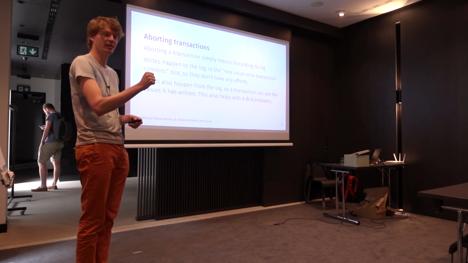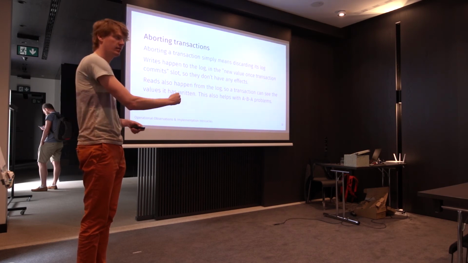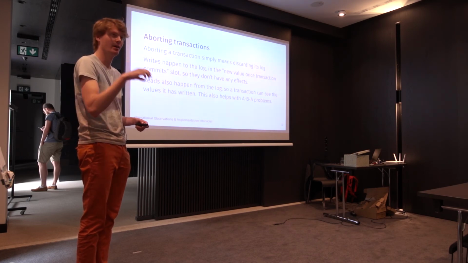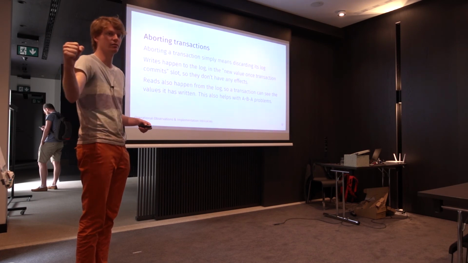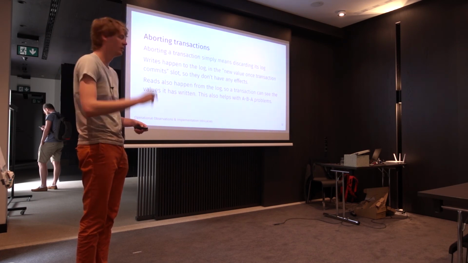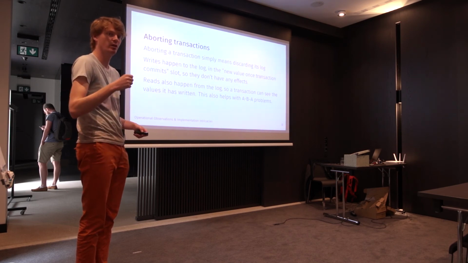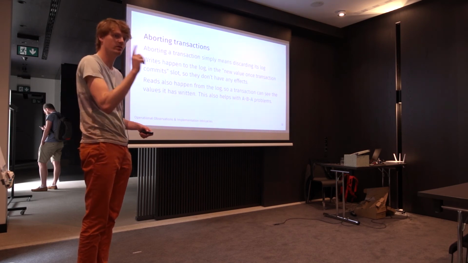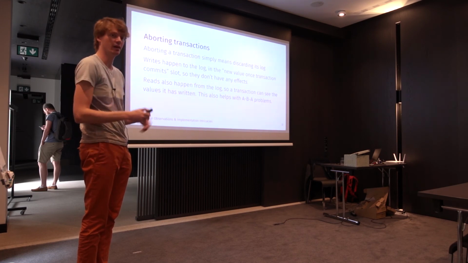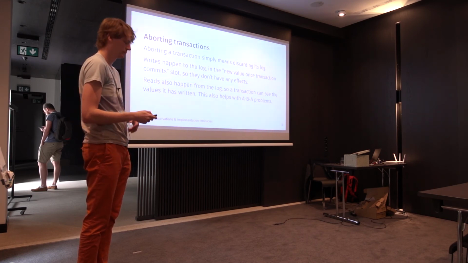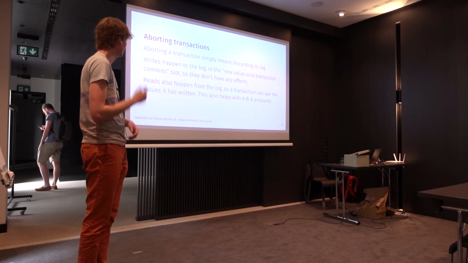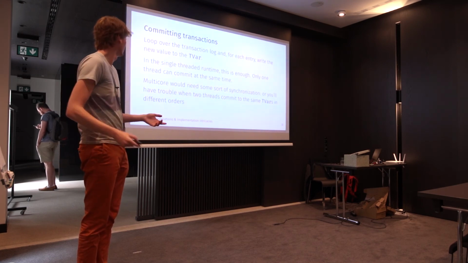Then you don't notice any conflicts, and you let it go through while your transaction may have read another value in the meantime. But because we read from the log and not from the actual memory location, we only read once from the actual memory location, this is fine.